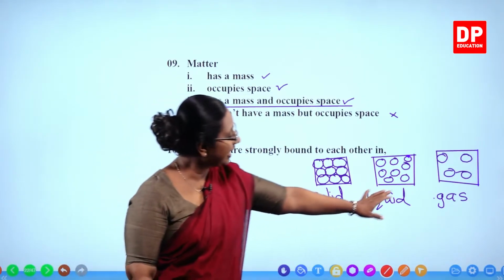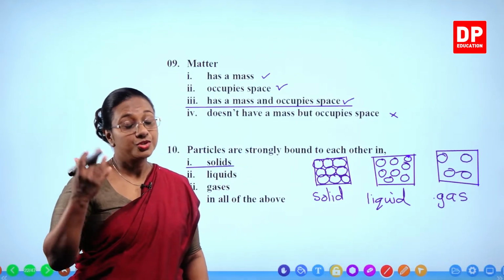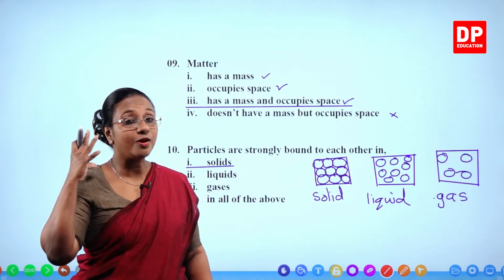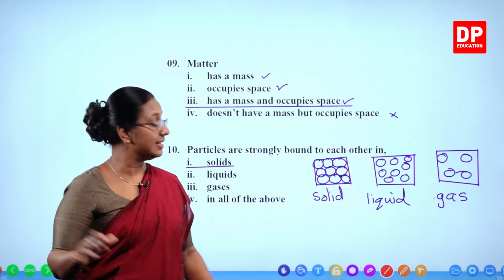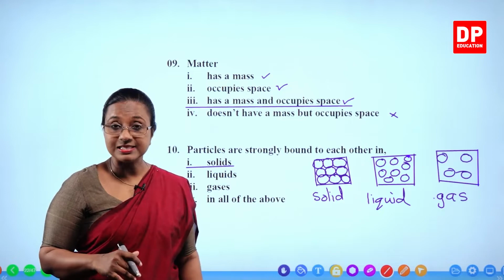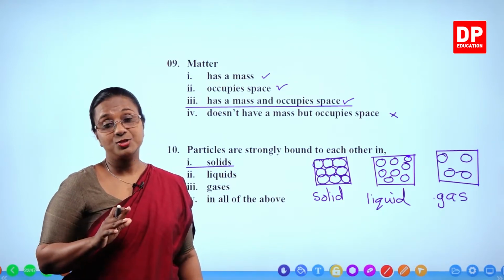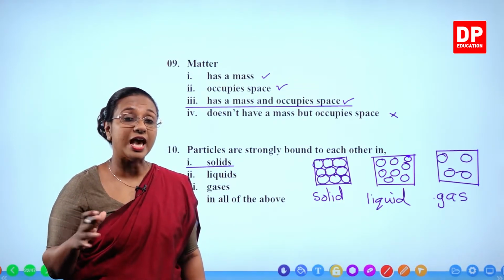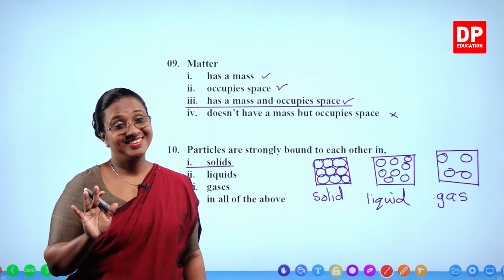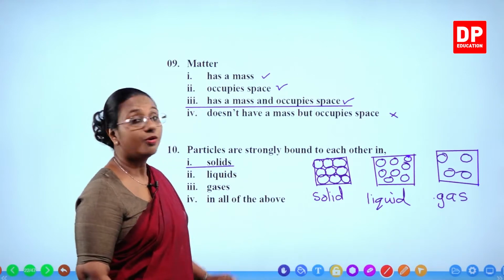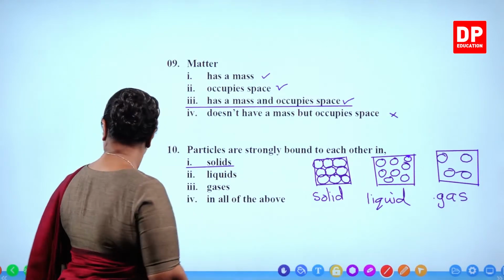Now, again and again, I am drawing these structures, so you recall what it is and you will always remember the particulate nature and how particles are arranged in solid, liquid and gases, and how that arrangement of particles is related to their properties. That's how you have to understand. So, with that, we'll go on to the next question.